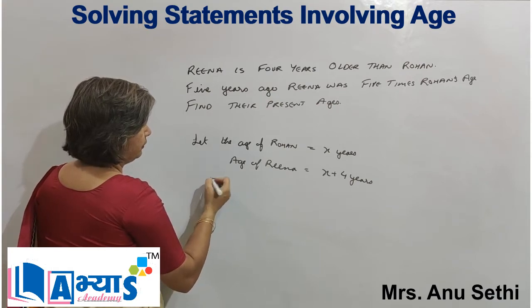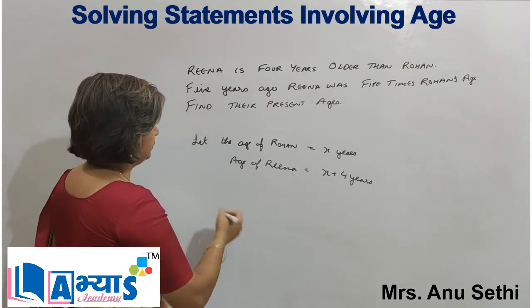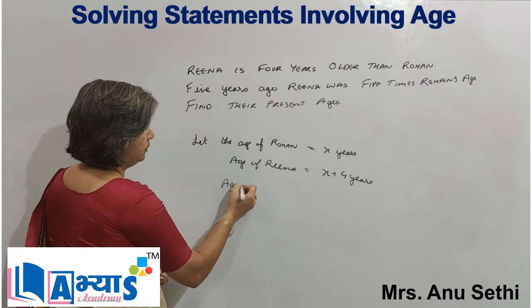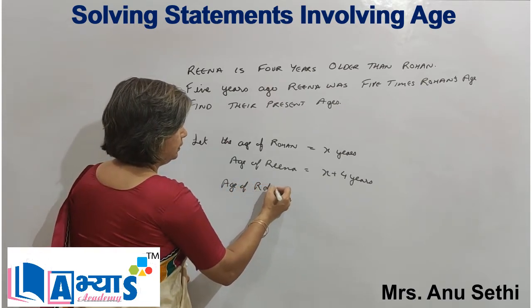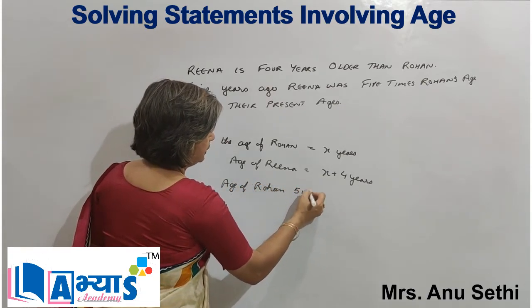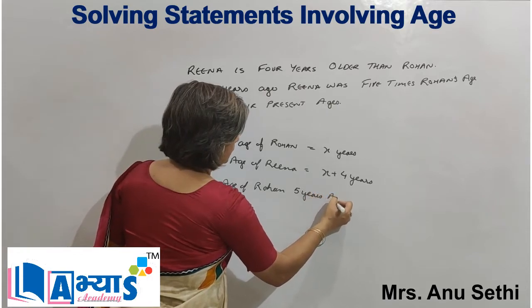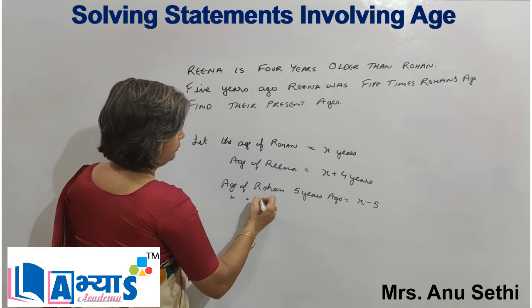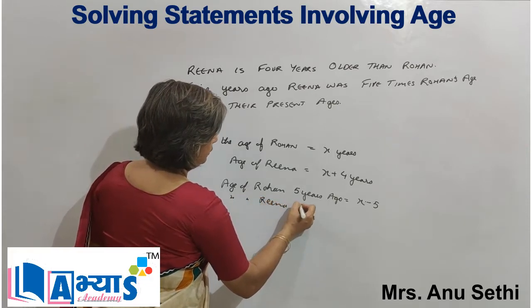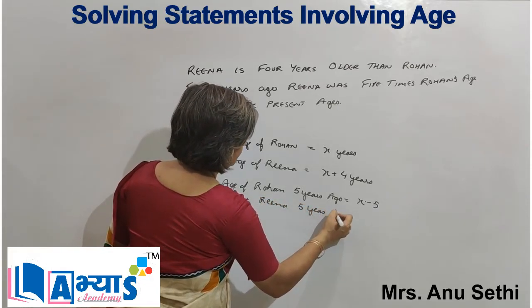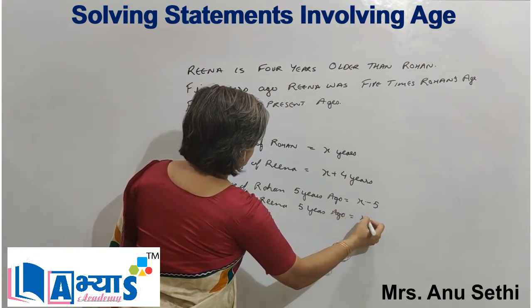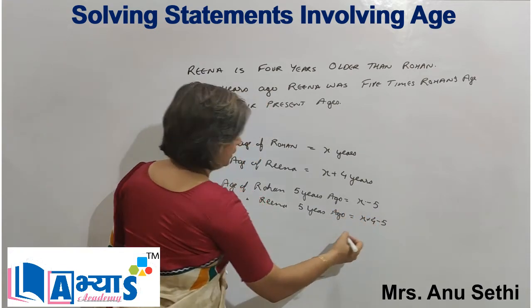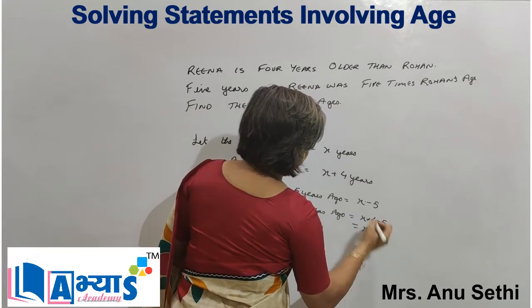Now, age of Rohan 5 years ago is equal to x minus 5. Age of Reena 5 years ago is equal to x plus 4 minus 5, so it will become x minus 1.